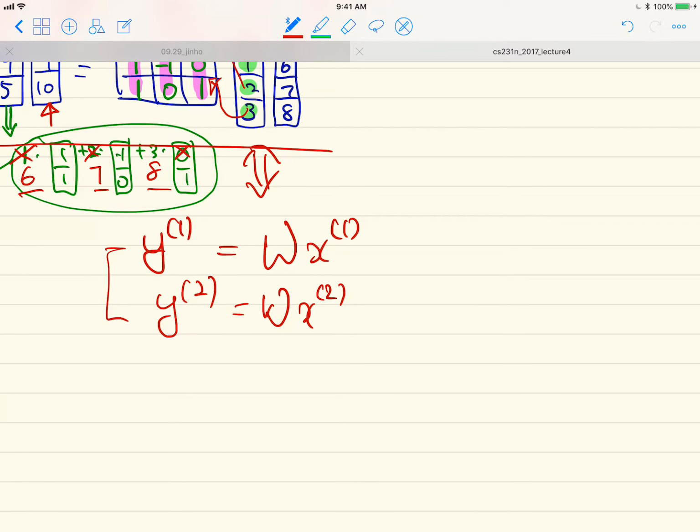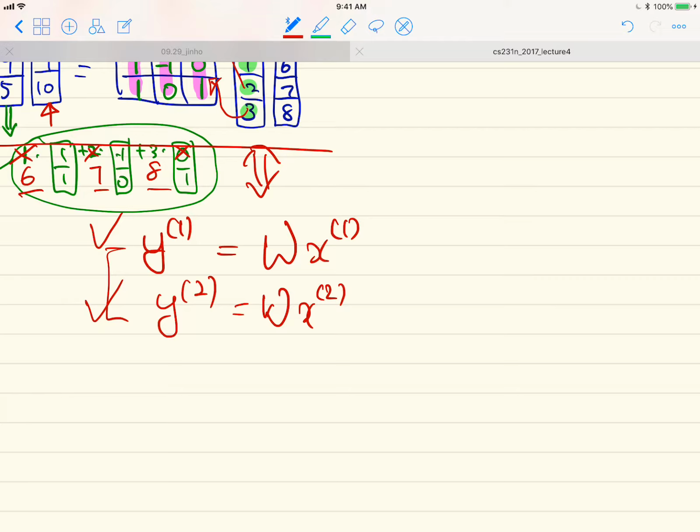Okay, and then if you imagine the backpropagation and generating the loss and then computing some gradient, the loss will be incurred from each of our data points, right? So this is the first data item, and this is the second data item, and each of them will have their own loss value and their own gradient values, right?